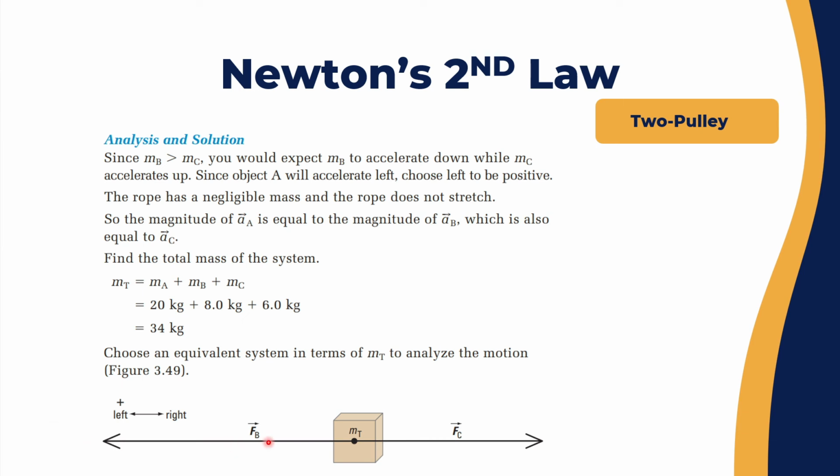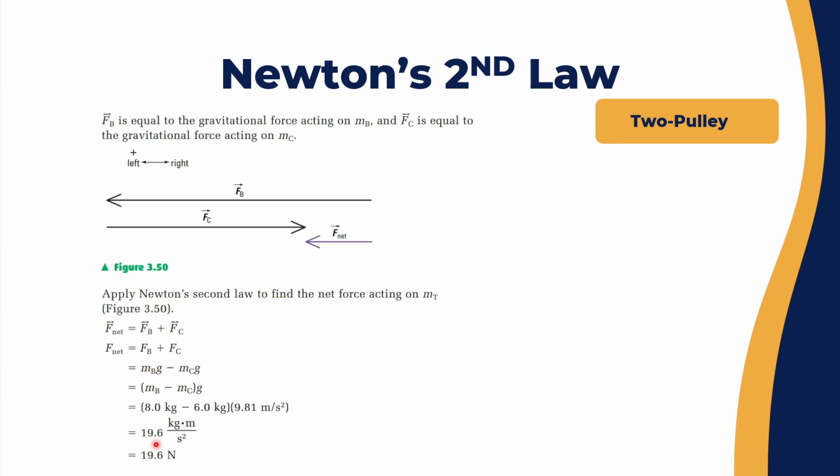FB would be the one pulling because of a bigger mass. So the direction of the system, or of the total mass of the box over here, would be to the left. Keep going, we have the total mass. Now we draw the schematic of forces, FB to the left, FC to the right, F net would be to the left.